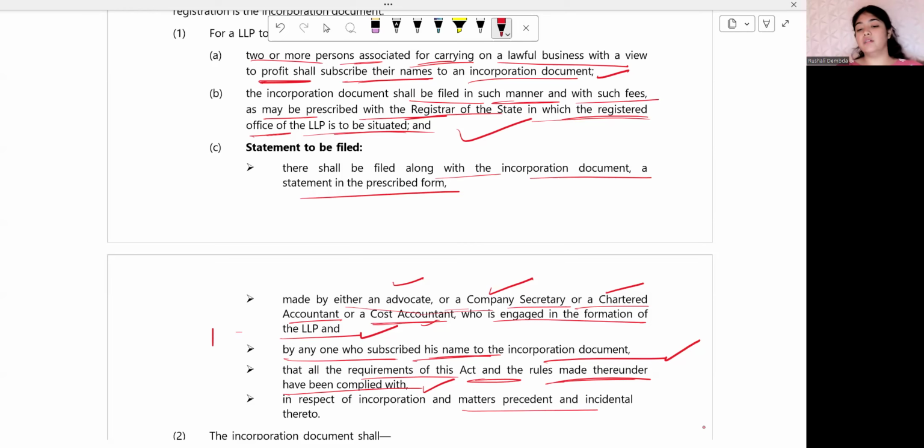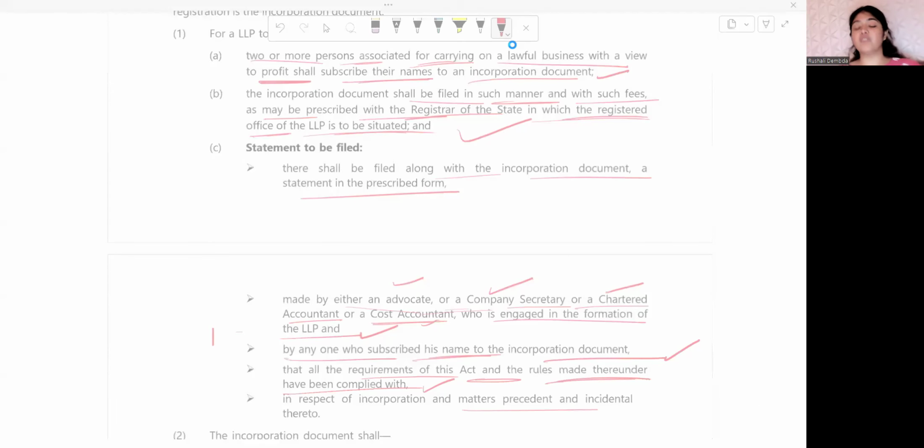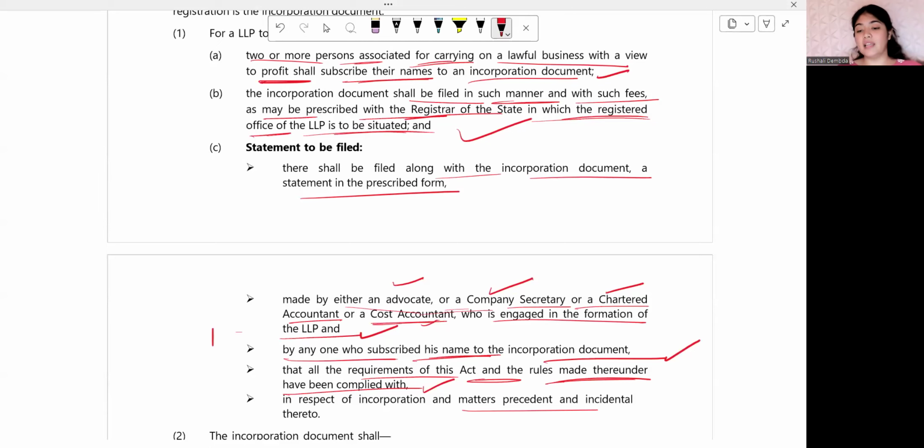Whatever matters will be there with the incorporation that we have already complied with, or are going to comply with in the near future, that are incidental, will have to be mentioned in your statement, which is going to be filed with your incorporation document. Okay. Now, these are two compulsory statements which you need to file so that you can get your LLP registered. And then only your further procedures will start for the functioning of your LLP.